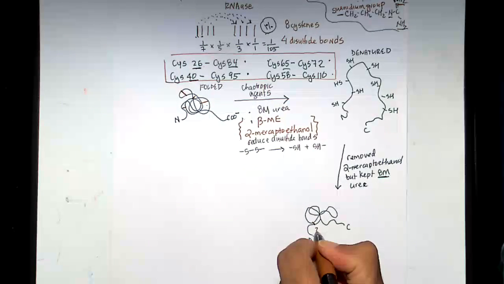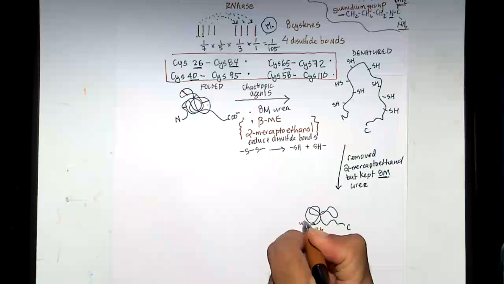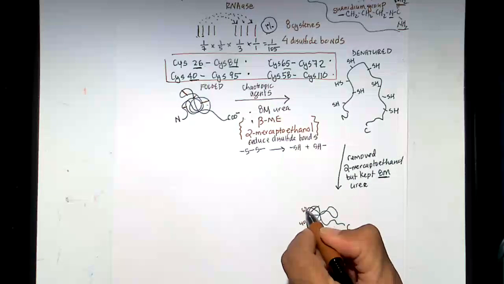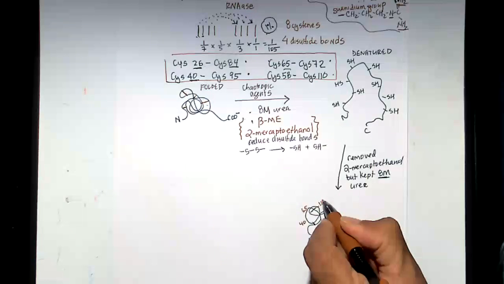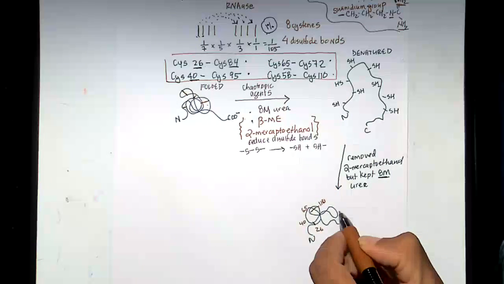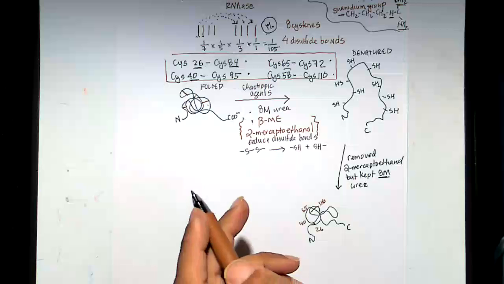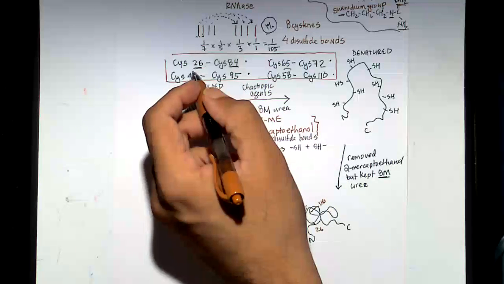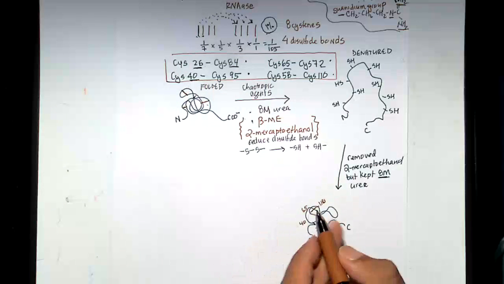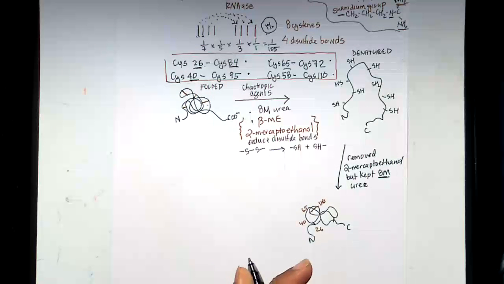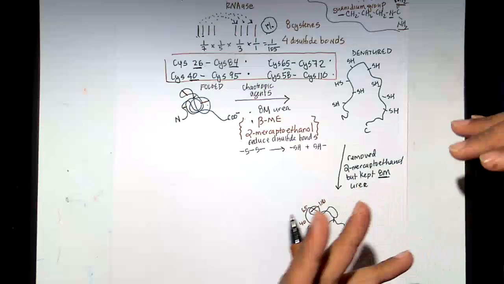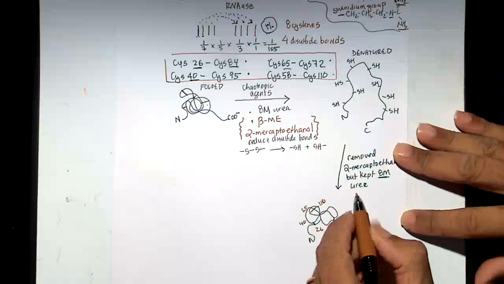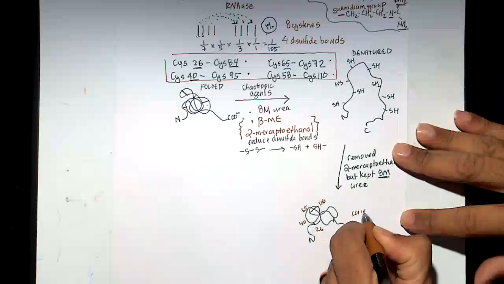So 26 may have gone to 40, or 65 may have gone to 110, or maybe this one was the right one. So maybe you had one correct disulfide bond. So you have here a combination of correct plus incorrect disulfide pairing.